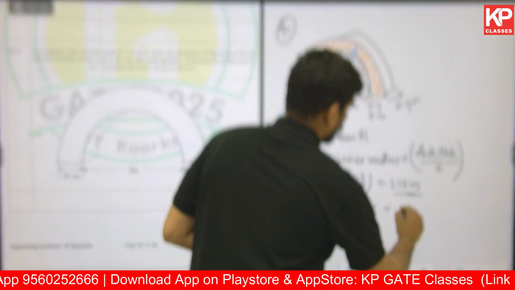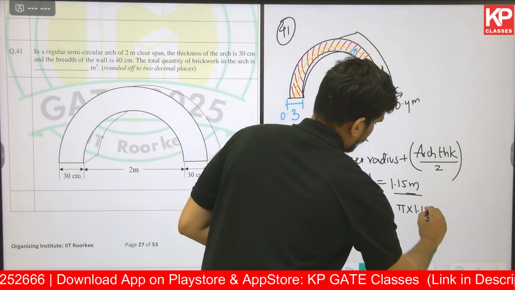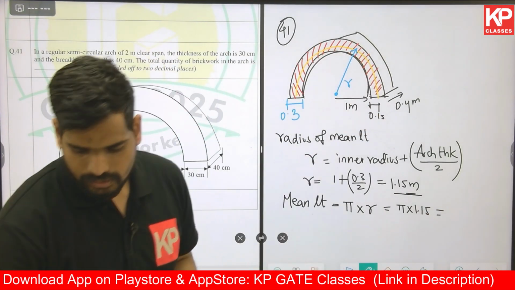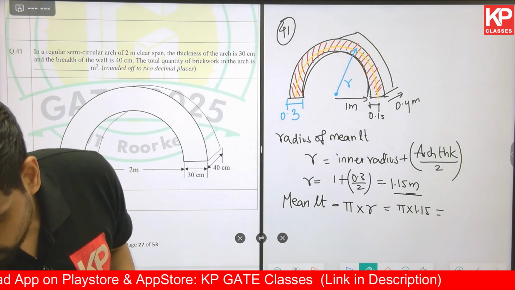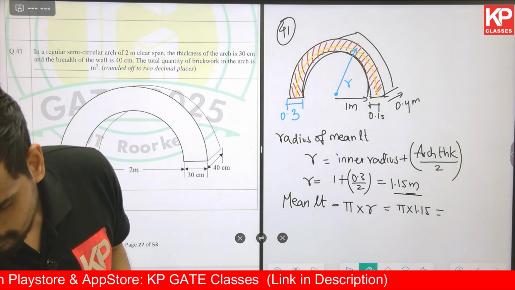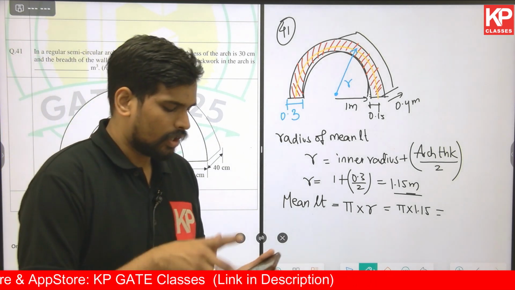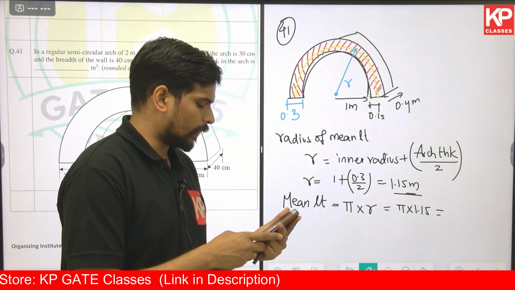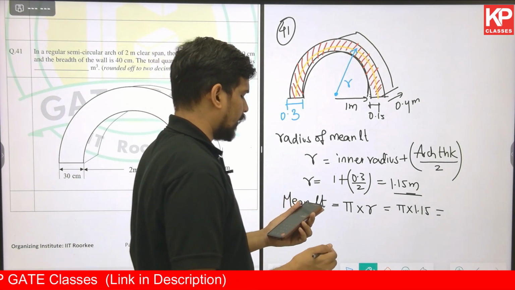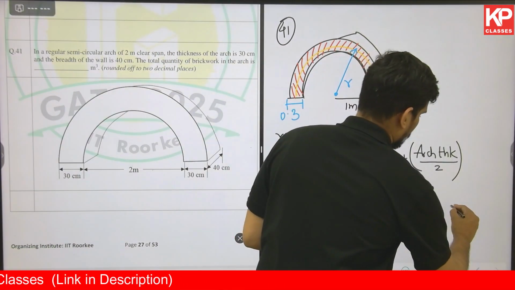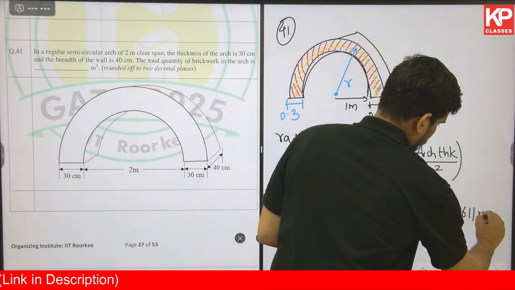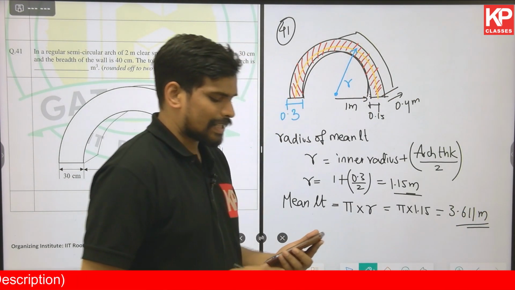So this will come out to be pi into 1.15. You can use your calculators. For pi, you can take 3.14, or you can also use directly the value of pi given in the calculator. I'm taking it as 3.14. 3.14 into 1.15 is coming out to be 3.611. This is the mean length of the arch in meters.